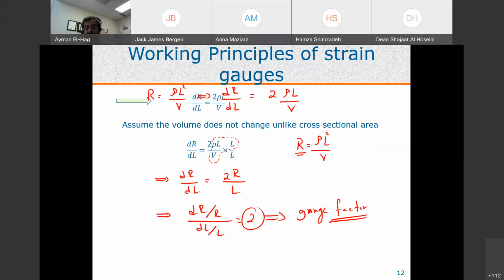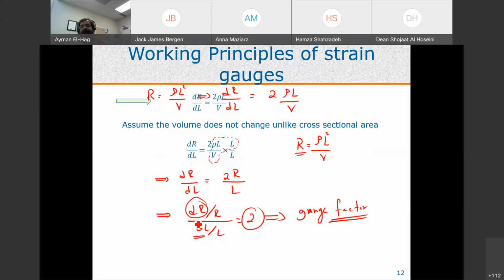This is for better resolution. Let's understand this formula. dR by R is the change of the resistance over the actual resistance of the sensor, divided by the change of the length over the actual length. I want this to be as high as possible. Why? Because this change is reflected as a change in the resistance.